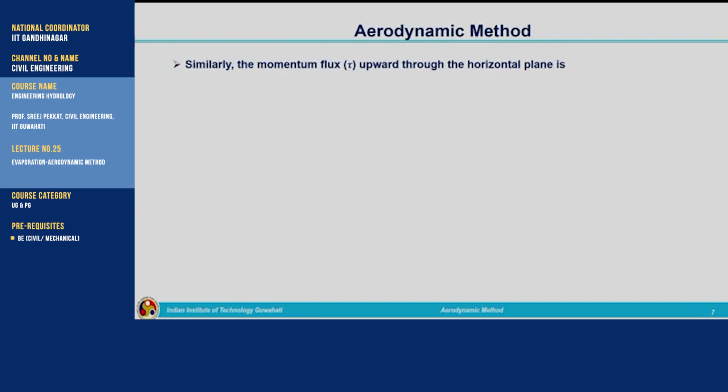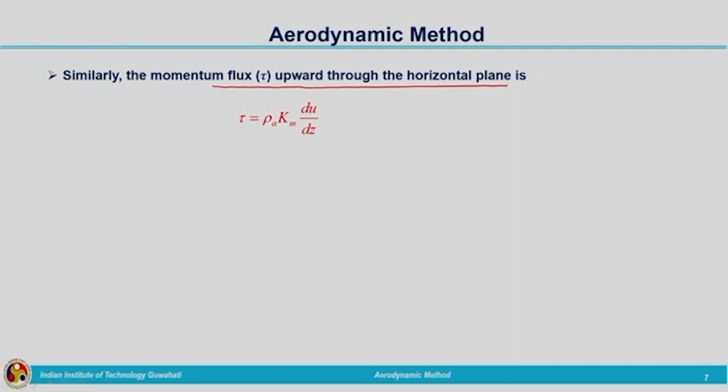In a similar way, momentum flux tau upward through the horizontal plane can also be written, that is tau is equal to, the process is the same, that is the convection process. So, compare these two expressions: one is related to vapor flux, mass transport, and the other one is related to momentum flux. Here tau is equal to rho_a k_m du by dz. So, here we have rho_a, density of air, and u is the wind velocity at height z.